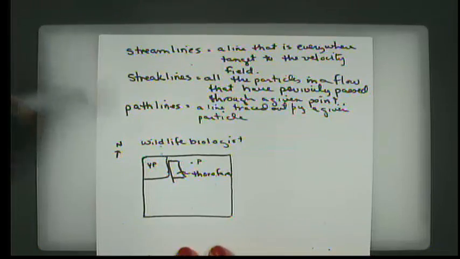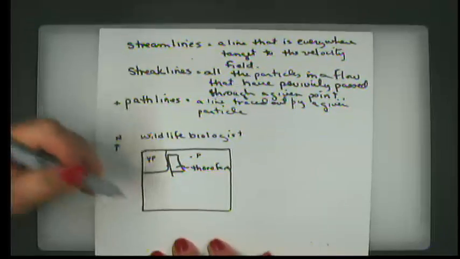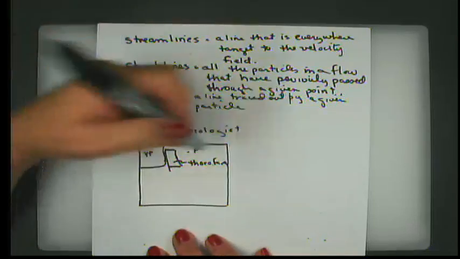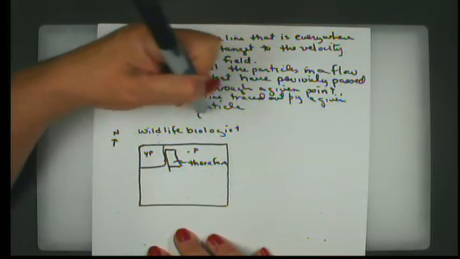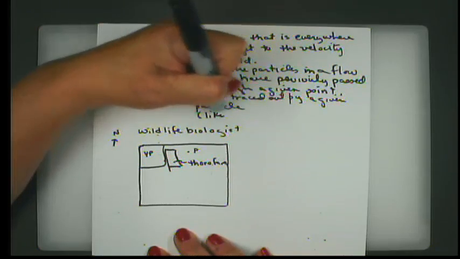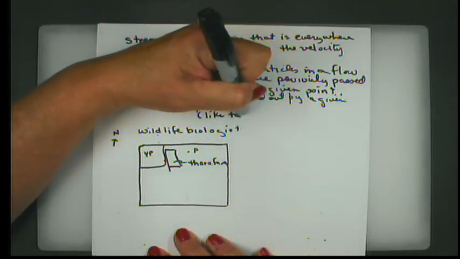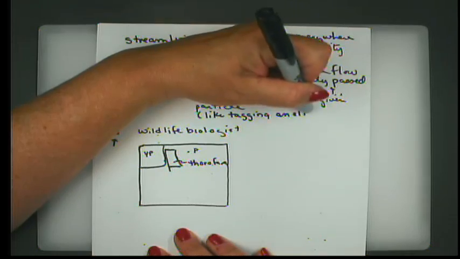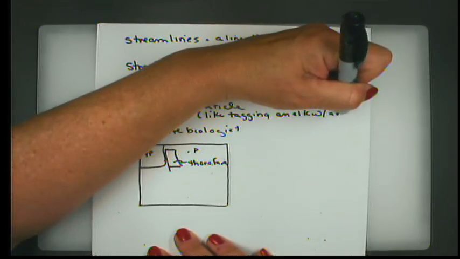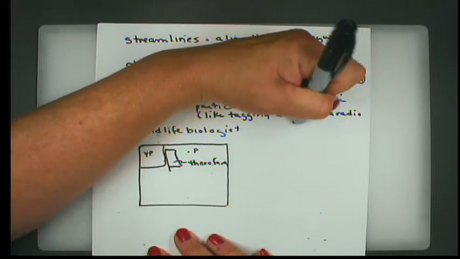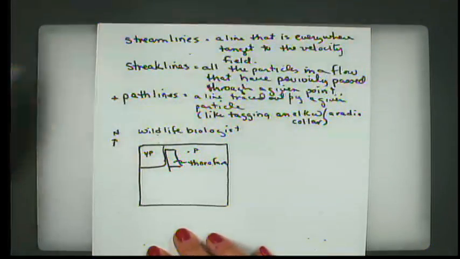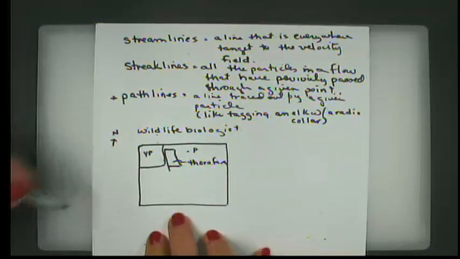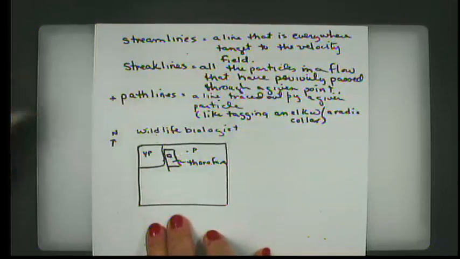So let's take a look at the path line first of all. A path line is a line traced out by a given particle. What would that be like? A path line would be like putting a radio collar on a single elk. Do wildlife biologists do this? Absolutely. So let's call him Bruce.